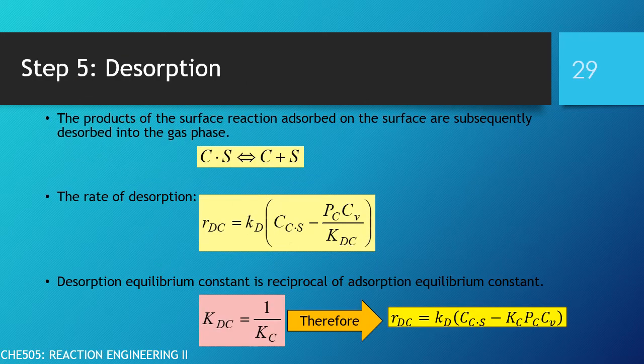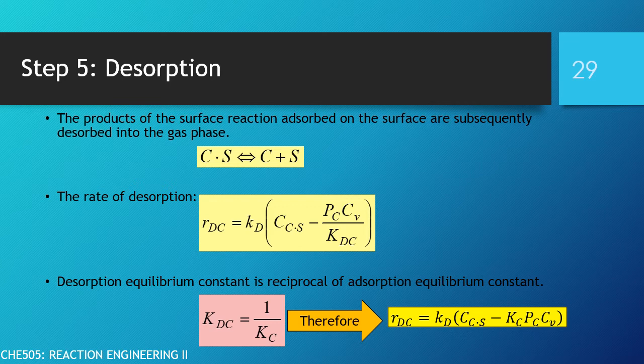And finally, the desorption step. After the product is produced during the surface reaction, the product is still attached to the active site. Now, during desorption, the product will detach from the active site. So the product of the surface reaction adsorbed on the surface is subsequently desorbed into the gas phase.